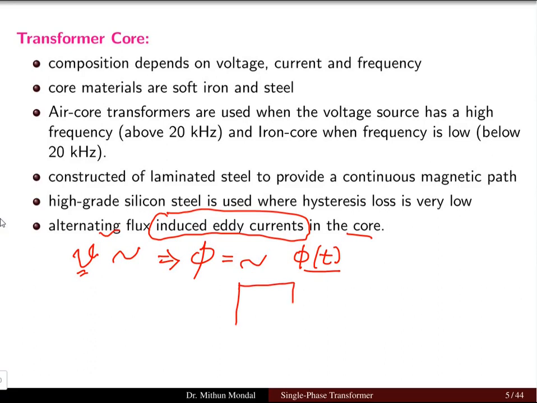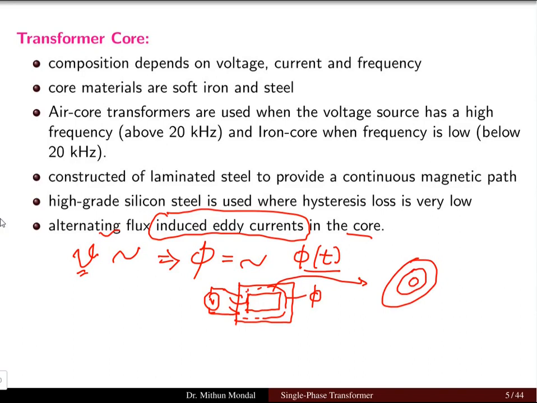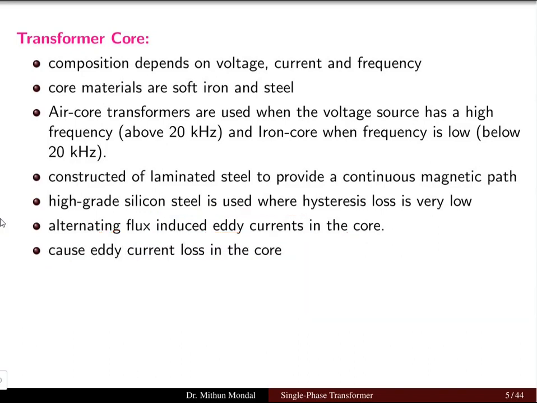When the core is supplied with an alternating voltage, the flux produced in the core gives rise to circulating currents in the core. These circulating currents are known as eddy currents. The eddy currents lead to a loss known as the eddy current loss in the core material.